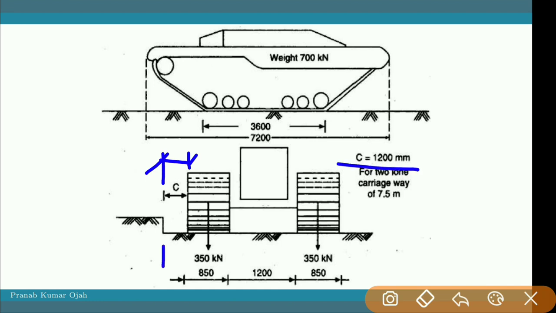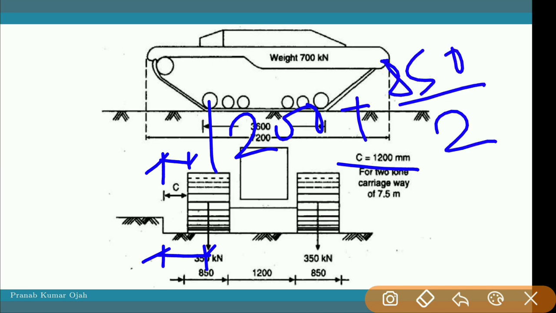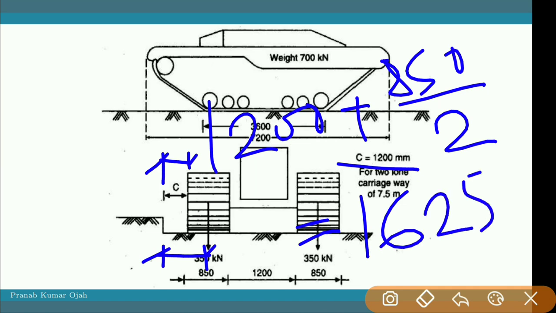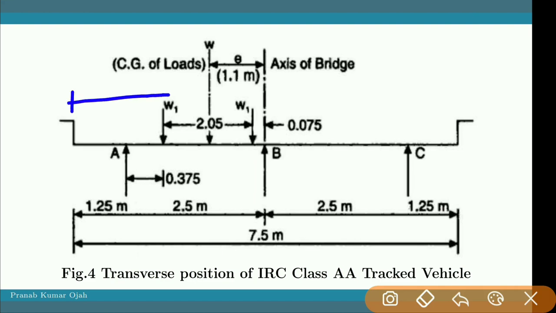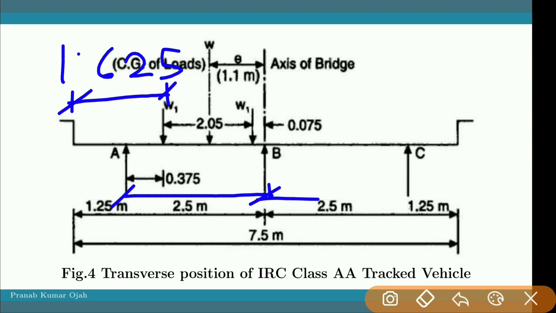So from the edge of the bridge to the center line of the wheel, it will be 1200 plus 850 by 2, so it will be 1625 mm. In this figure, this distance is 1.625, and the center to center distance between the longitudinal girders is 2.5 meter each.